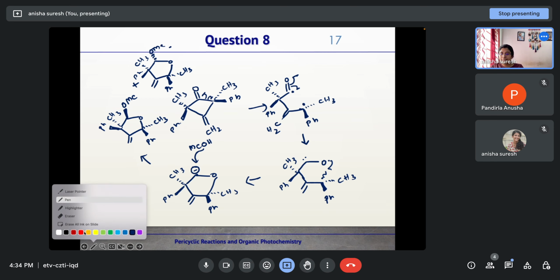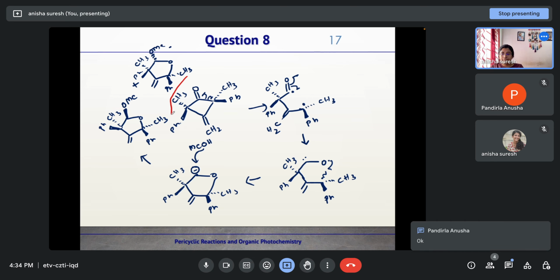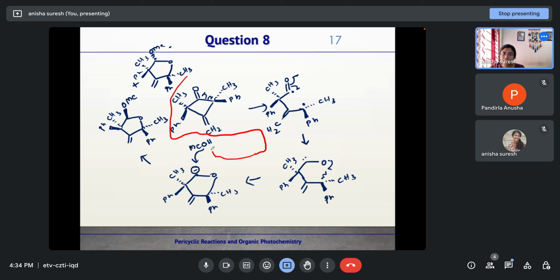Is it clear? Okay. So first Norrish type 1 alpha cleavage will be taking place. Then the oxygen will insert with this radical. A sort of ring expansion will be taking place.